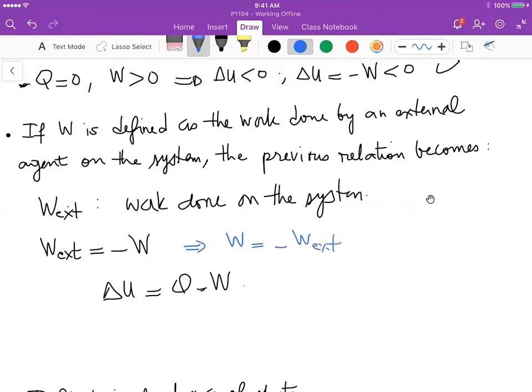So اذا حطيناها بقيمتها, it's equal to Q minus, هون بنحط ال W بقيمتها اللي هي minus W external. الماينس مع الماينس بيروحوا بصير في عنا Q plus W external. So إذا كان في عندكم W external as given, you can use this relation delta U equals Q plus W external. But نحن ما حنعمل هيك خلال الاكسرسايزز والبروبلمز.